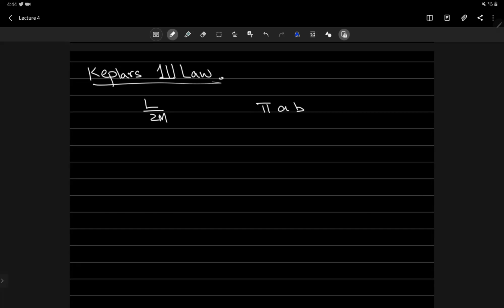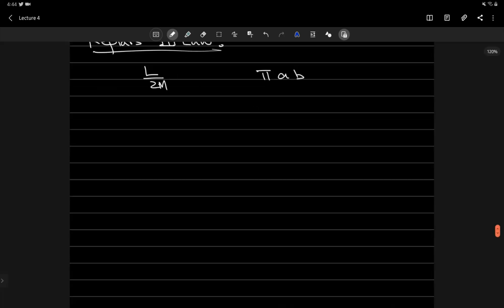We can now write from this the time for a complete orbit. We know that A over T, from the equation we saw above, is equal to L over 2m, right? So from this we can write that the time period T would be 2 pi times ab over L, right?